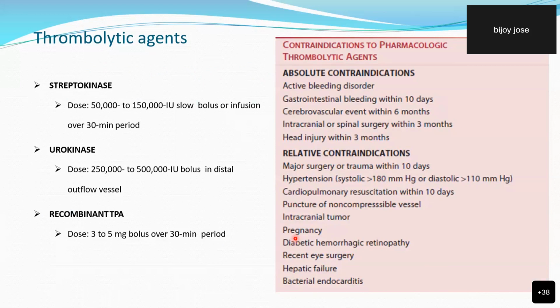The relative contraindications are major surgery or trauma within 10 days, hypertension more than systolic 180 and diastolic 110, cardiopulmonary resuscitation within the last 10 days, puncture of a non-compressible vessel, intracranial lesion, pregnancy, diabetic hemorrhagic retinopathy, recent eye surgery, liver failure, and bacterial endocarditis.